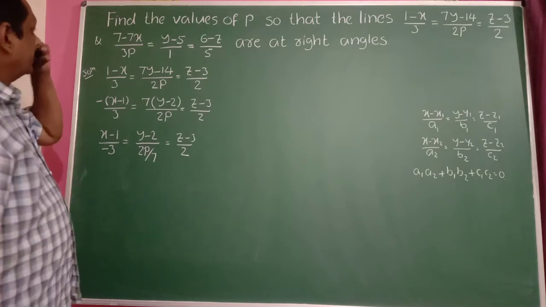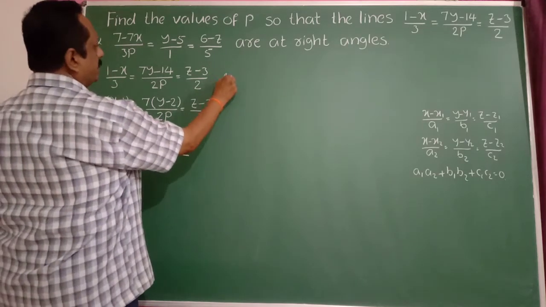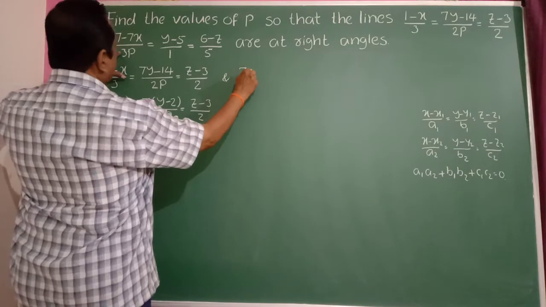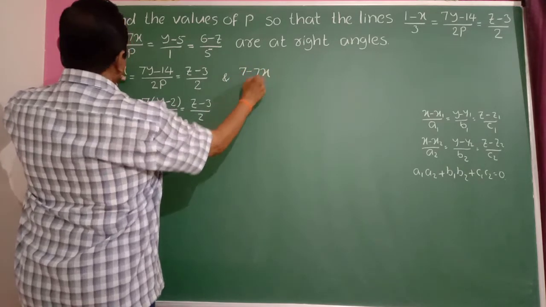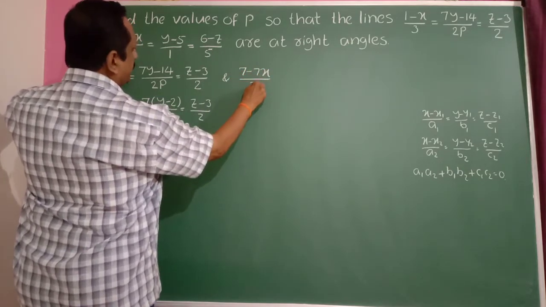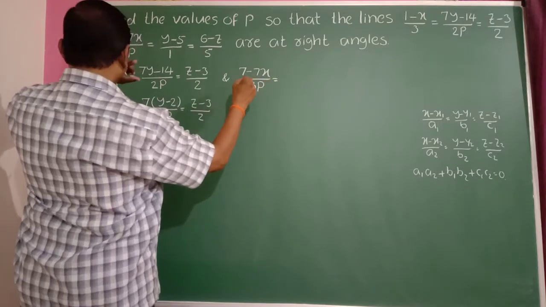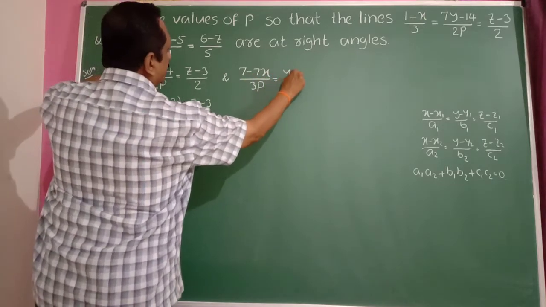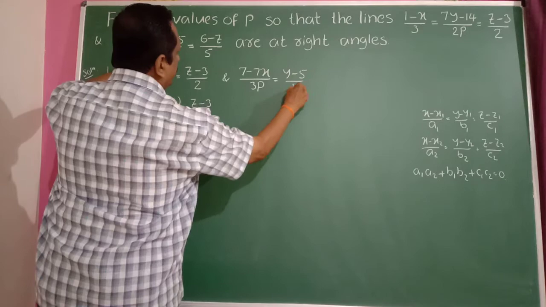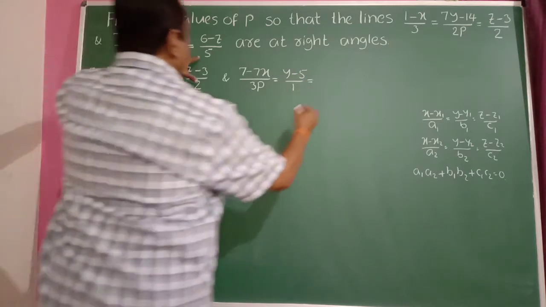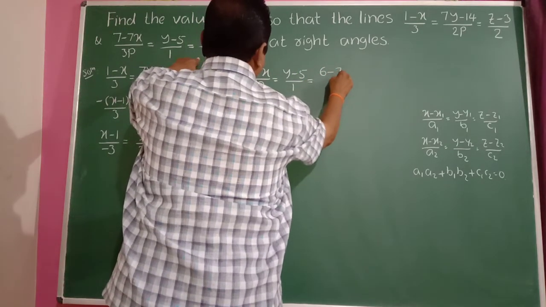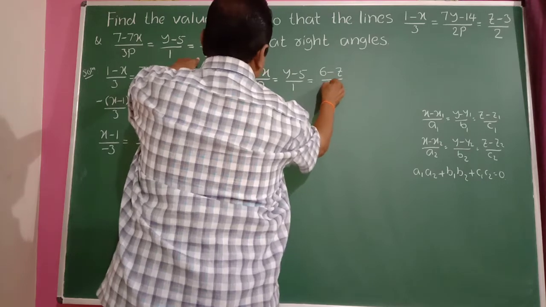Then the second equation here: 7 minus 7x divided by 3p is equal to y minus 5 divided by 1 is equal to 6 minus z divided by 5.